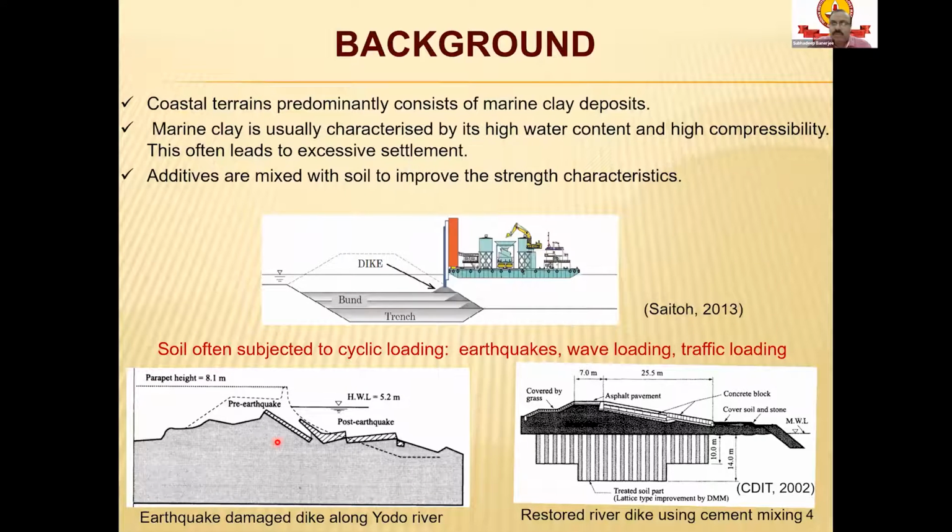There is no problem if you treat it with cement. In this figure, you see the untreated ground, and there was a pavement and a kind of sloping structure towards the sea, which got damaged during an earthquake in early 2000.